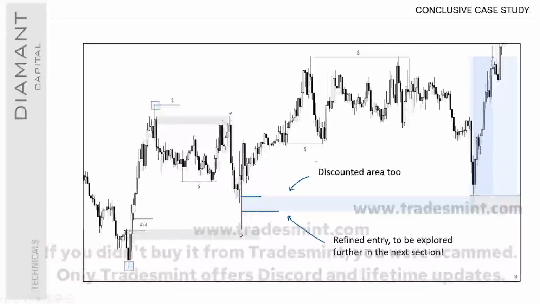Now, there were quite a few points of interest, but when you look at the fibs and everything like that, some person who was entering off just a 0.618 fib would have entered off this area right here. And okay, there would have been valid reasoning for it. But I'm going to be getting into this in the advanced section as well.